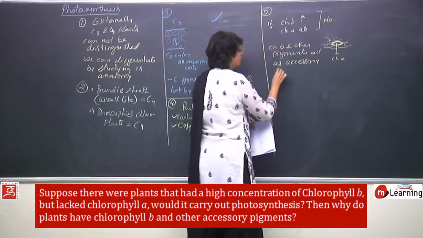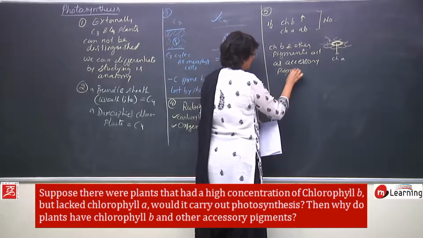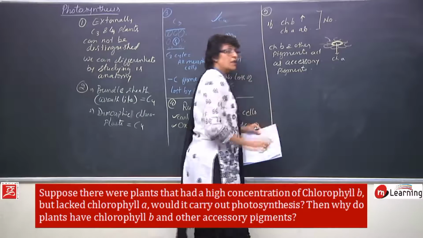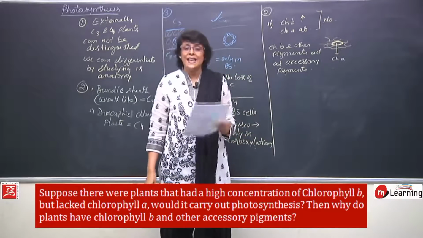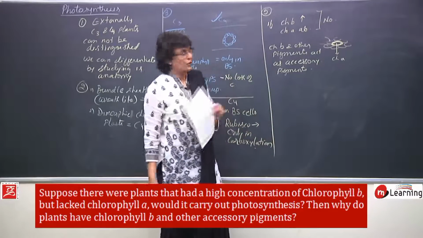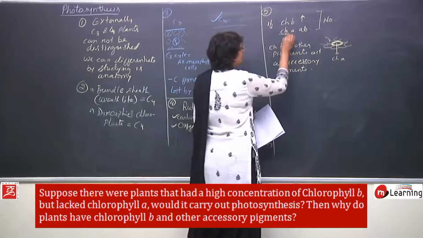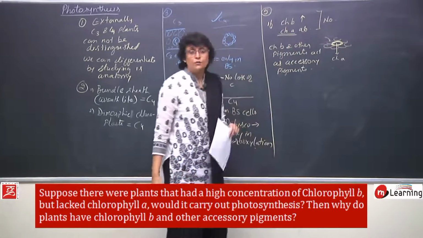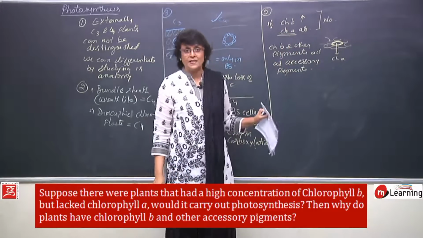What is the role of accessory pigments? Their role is to gather the light energy or photons. So, that is why if chlorophyll A is absent, photosynthesis will not take place.